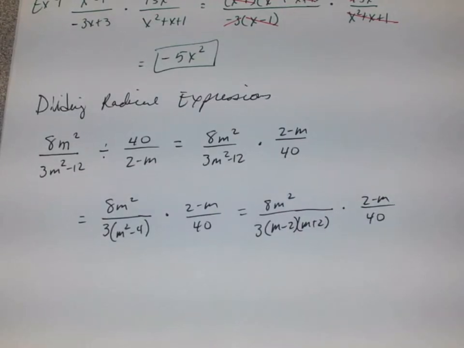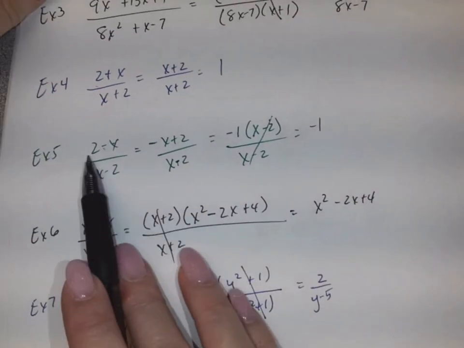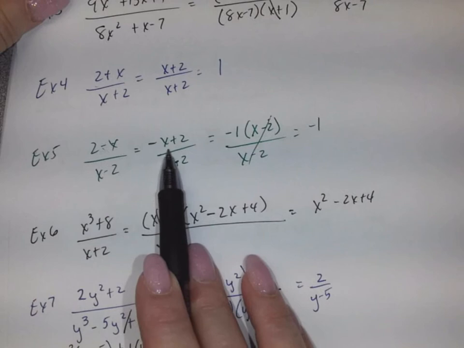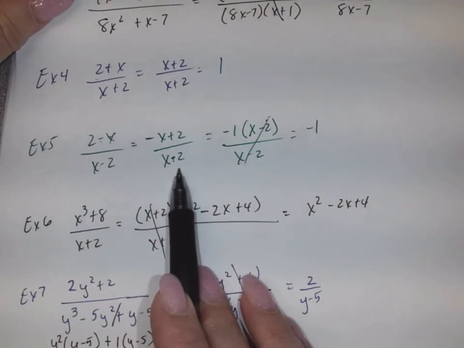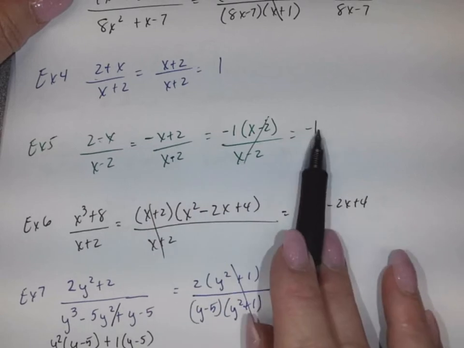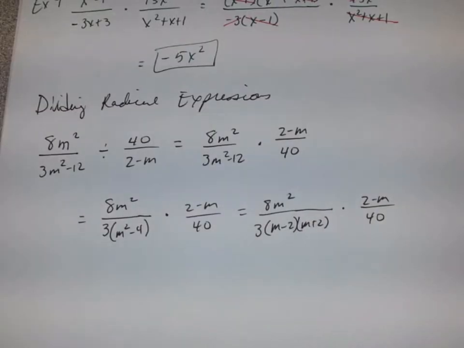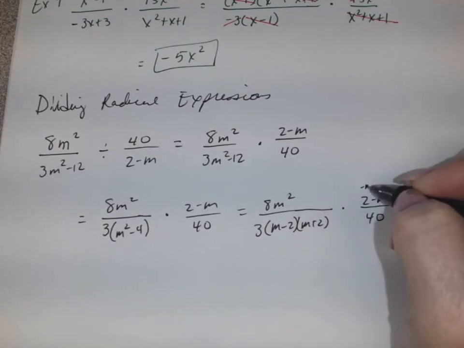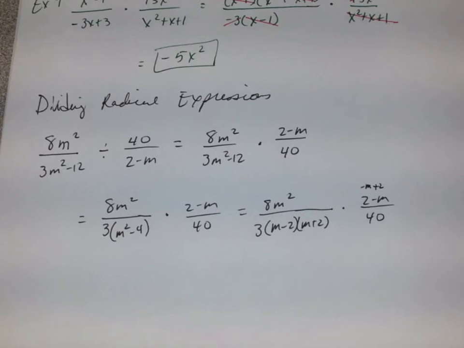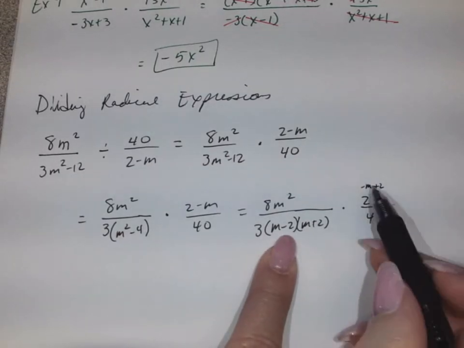Now, if you recall, previously we had our 2 minus x, which is the same thing as negative x plus 2 over x plus 2. And so the difference with that was a negative 1. And we're going to use that process here. Because we have 2 minus m, we know that that is the same thing as negative m plus 2. Here we have m minus 2 and 2 minus m.